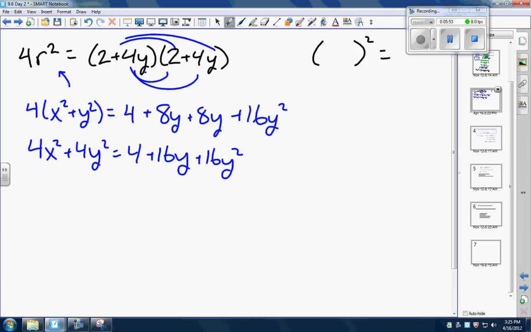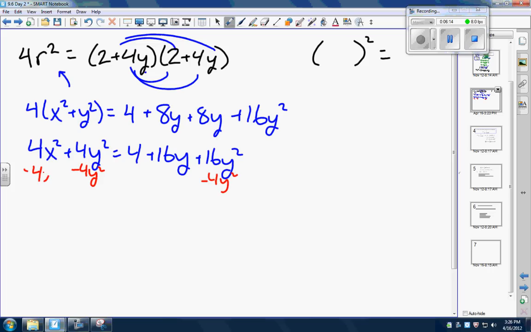Now this should look familiar to something we saw in the first half of chapter 9. It's got x squareds, it's got y squareds. We just have to get everything basically on the same side, and there's some variations with how you can leave these. So I'm going to subtract a 4y squared.